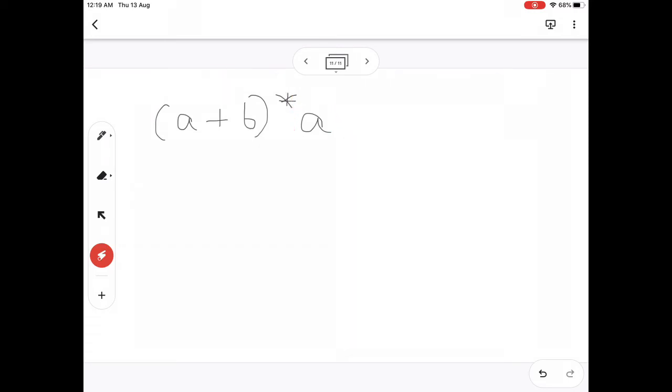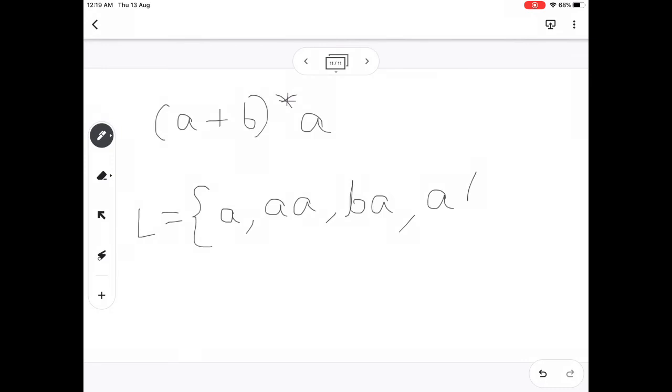So what will this language contain? Assuming this part is empty first, we can have single A. Then we can have AA, we can have BA, we can have ABA, BBA, and so on.